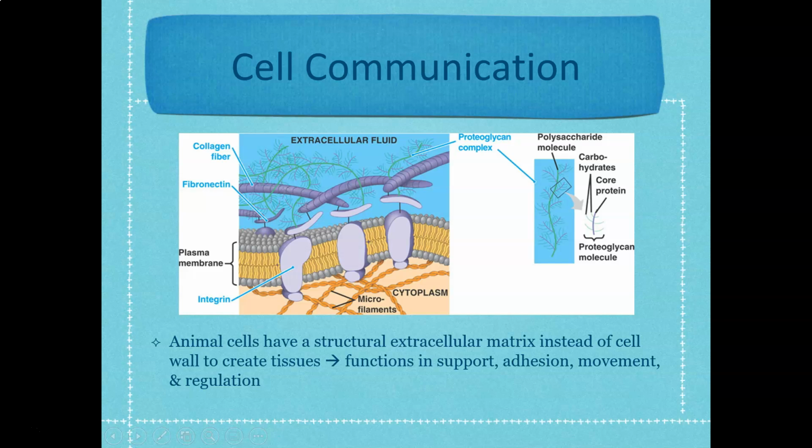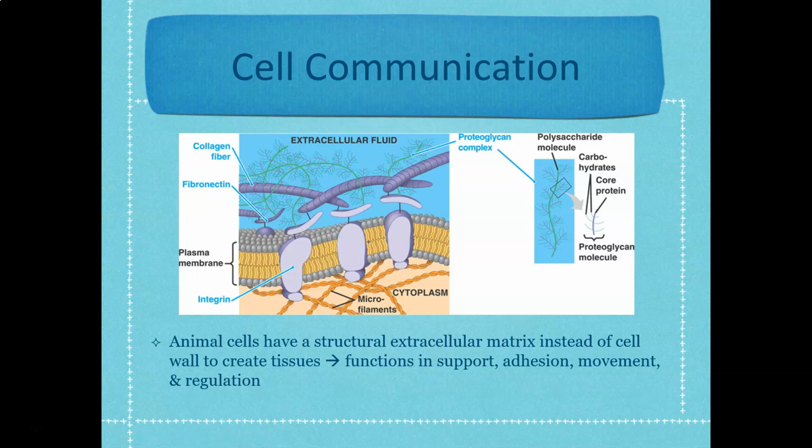Sort of think of them like Velcro. It's kind of the best analogy that I've come up with over the years to tell kids how to think about this at the level that we're talking about it. So you have Velcro on one side of a cell, Velcro on the other side of the cell, we stick them together and they stick.